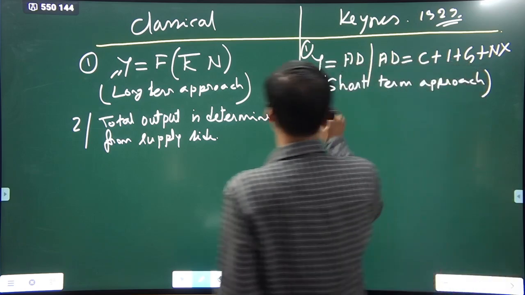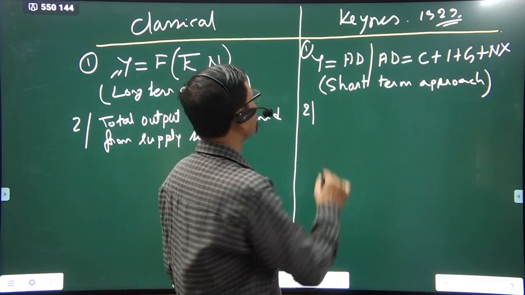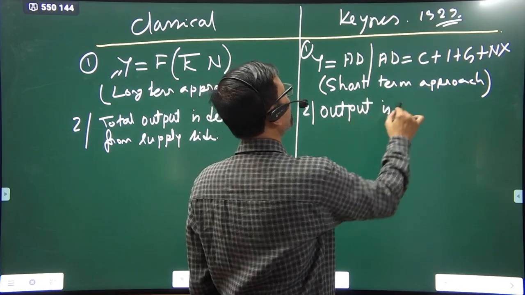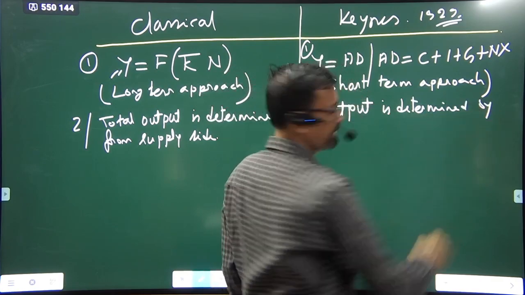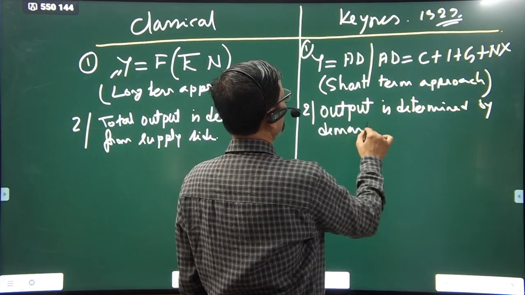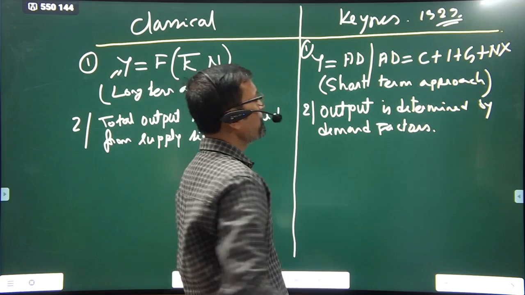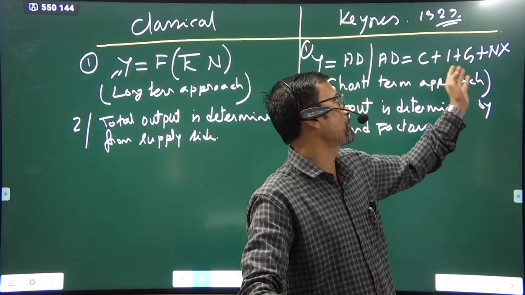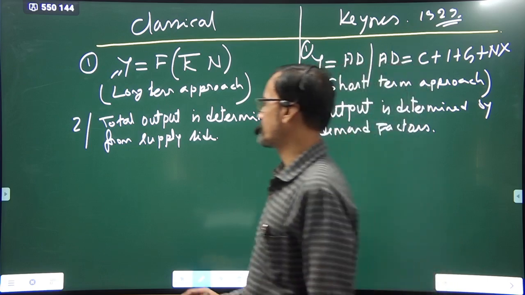But as per Keynes's version, output is determined by demand-side factors. Here demand means aggregate expenditure, which is the sum of consumption, investment and government expenditure. This is one fundamental difference.